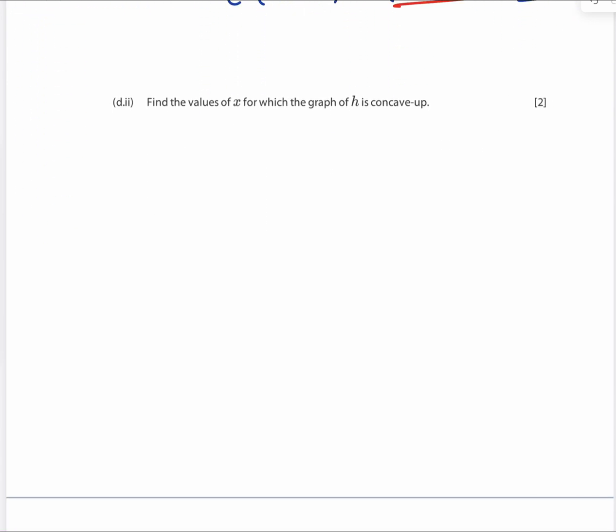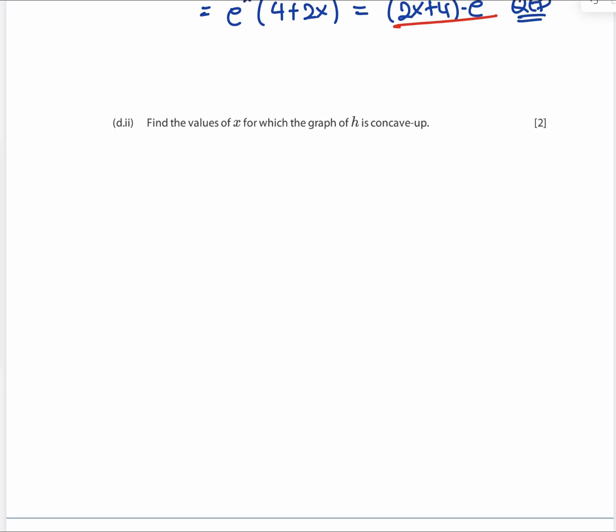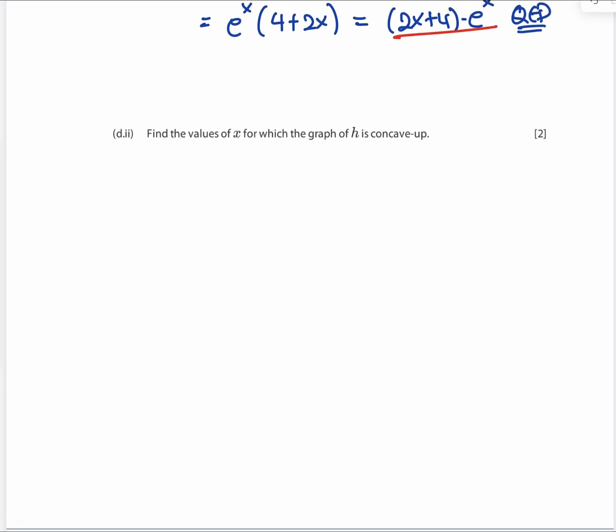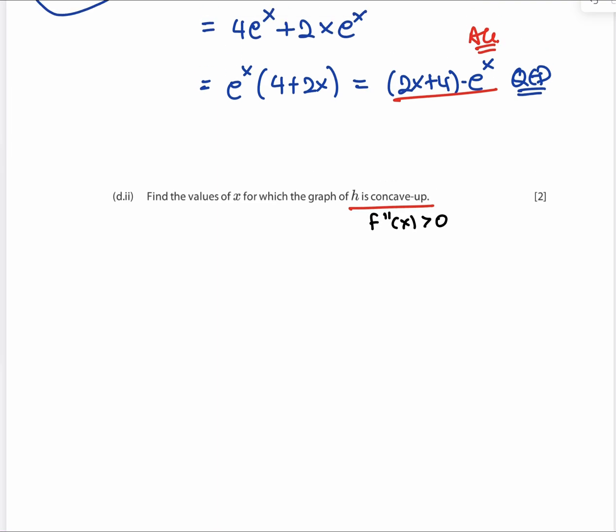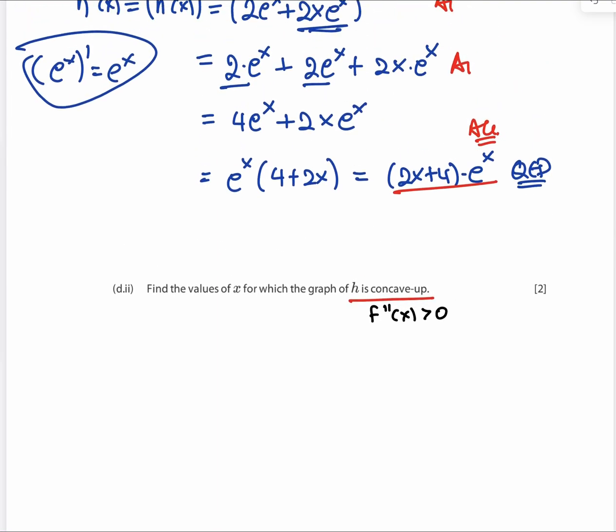Moving to the final part, it has to do with concavity. Find the values of x for which the function is concave up. Now, concave up is associated with the fact that the second derivative of x is bigger than 0. So we're going to have to find out for what part the second derivative, which we found just above, is concave up. Now we have the second derivative of x bigger than 0.